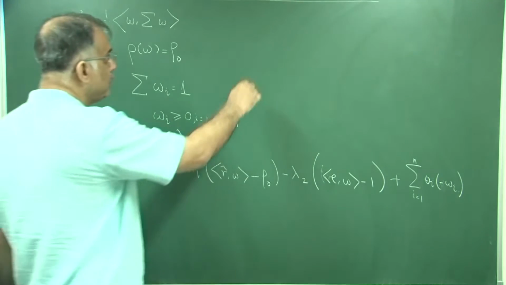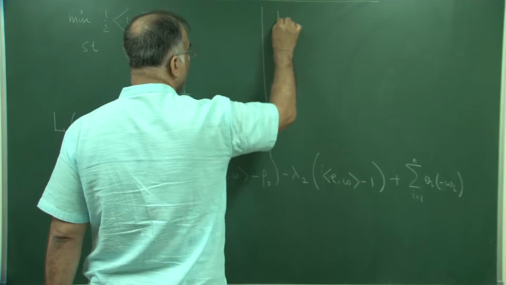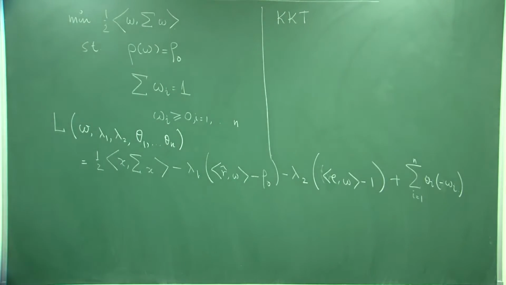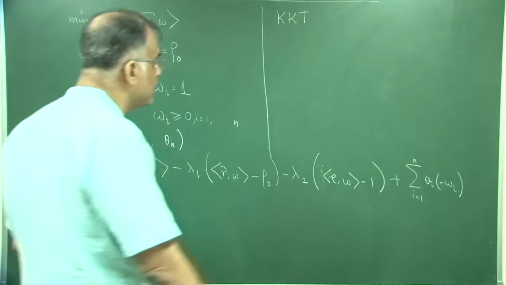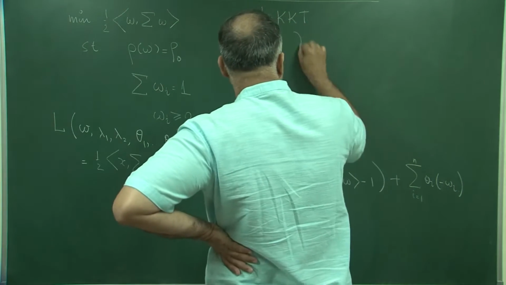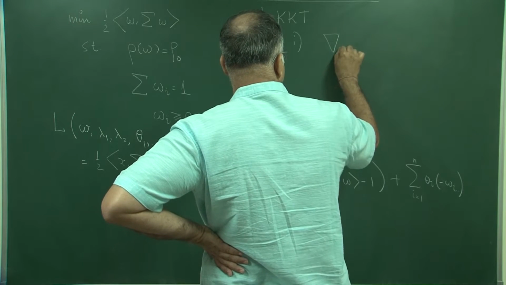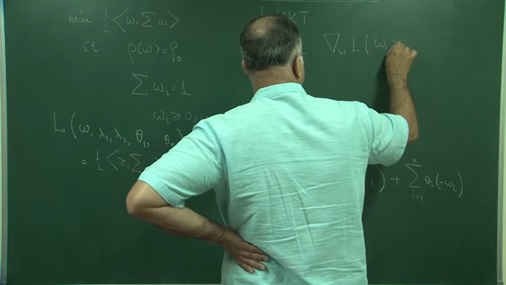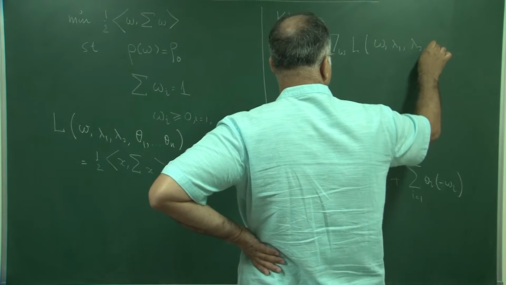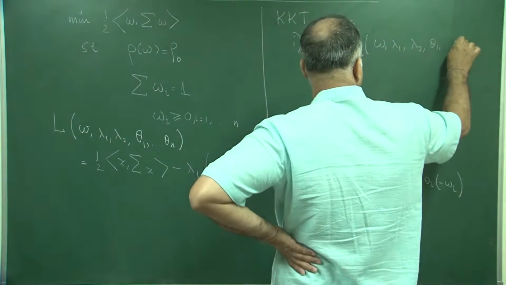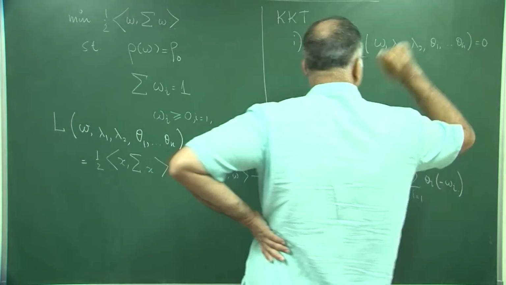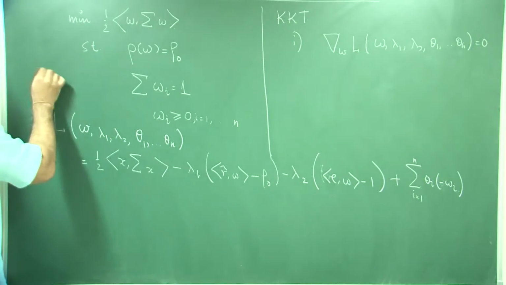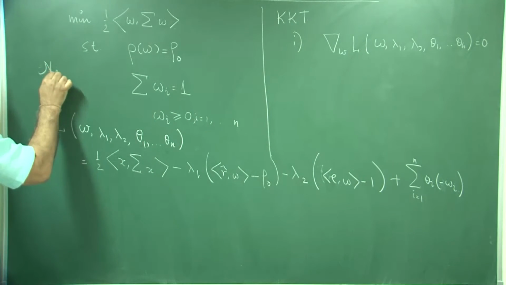Your KKT conditions for this particular case now become much more difficult. So, you have to first figure out what is the W which is giving you, and so this is the no short selling one.